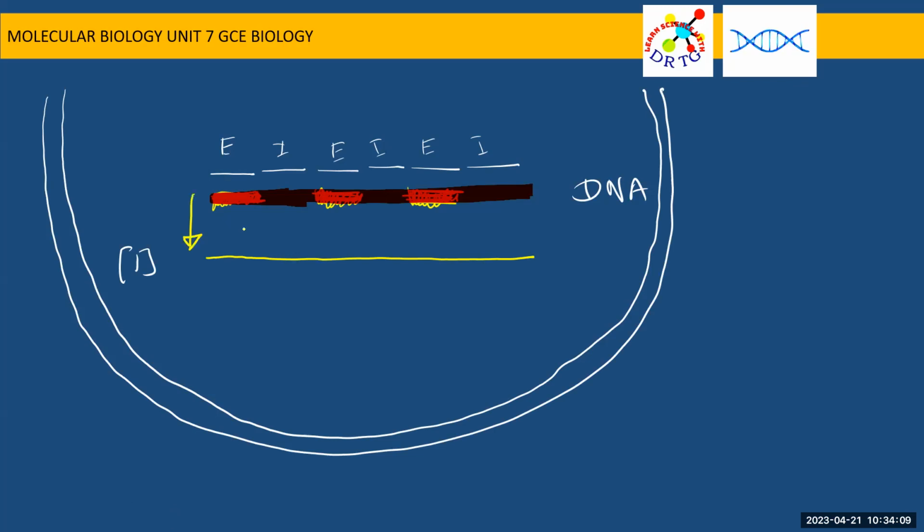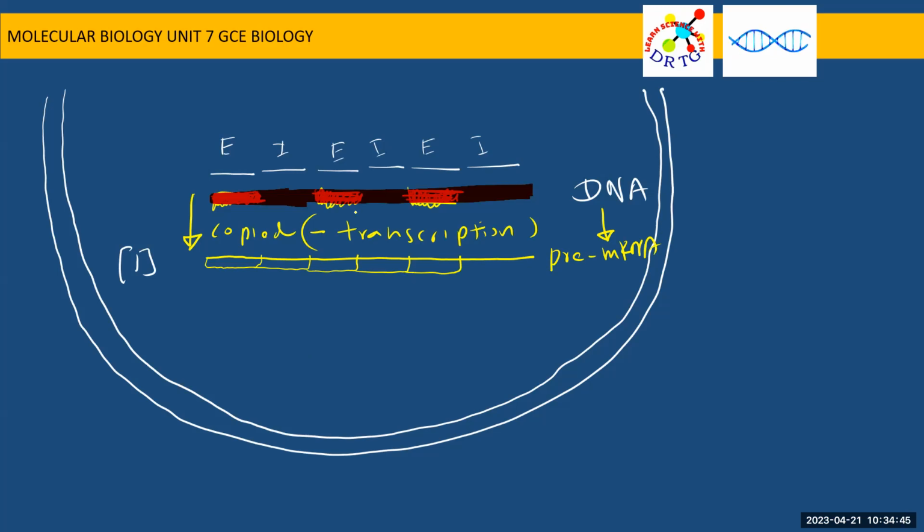This is called pre-mRNA. This copying process is called transcription: DNA is copied into messenger RNA. Now, the messenger RNA has exons, introns, exons, introns, exons, introns, so it again has the complete length of the gene in the pre-mRNA.